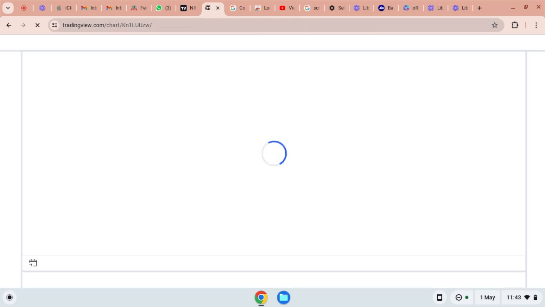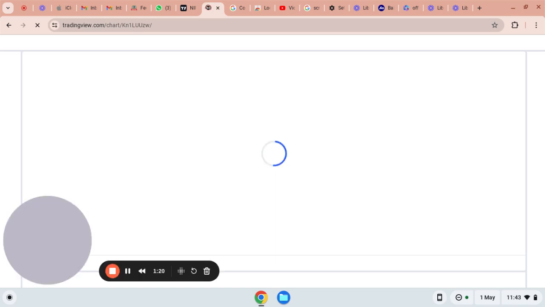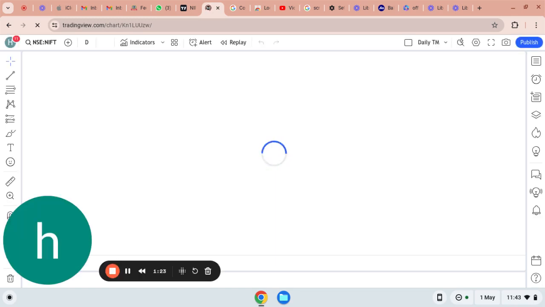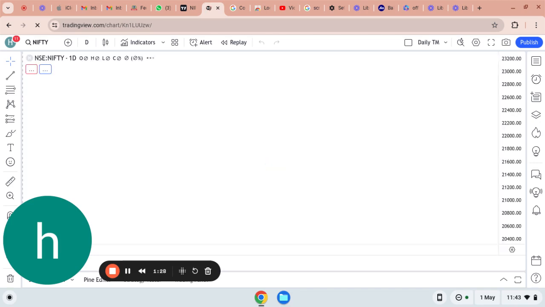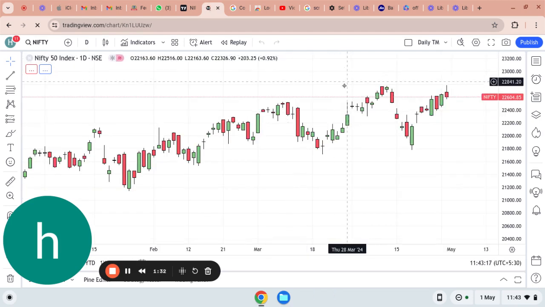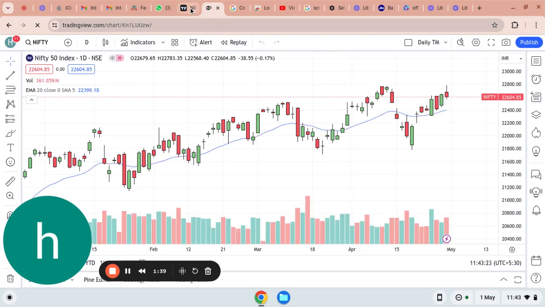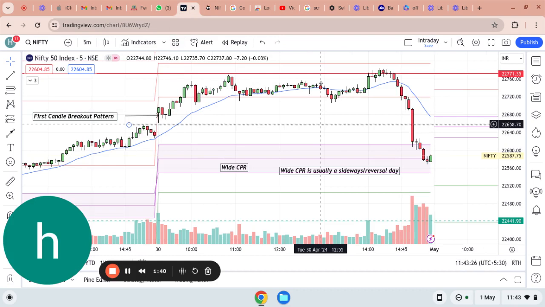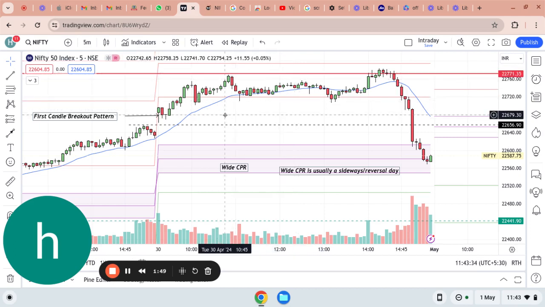Usually, we have to mark some important levels such as swing low, swing high, all-time high. These are important levels. Like if you see here, this is the all-time high, 22,785 somewhere there. So this is the all-time high which I marked, and let us start from the first candle.